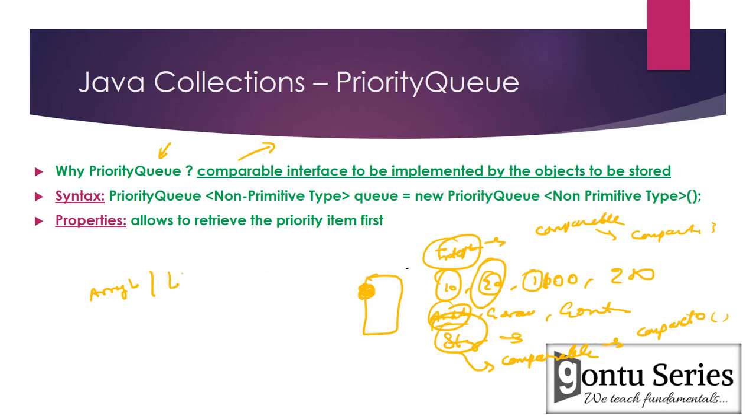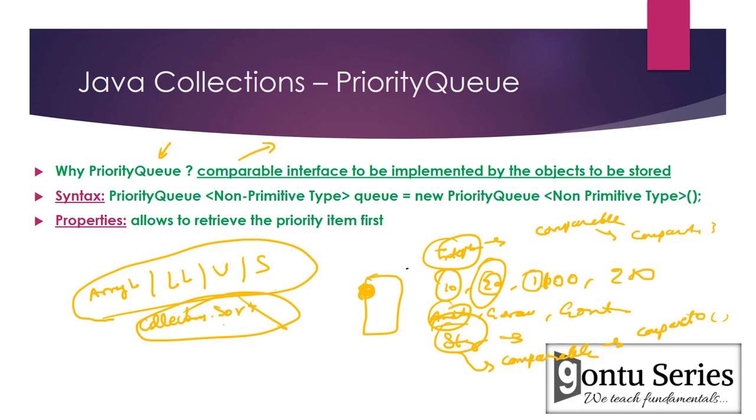in case of LinkedList, Vector or Stack, you use the Comparable or Comparator interface only and only when you make use of the Collections.sort method. If you're not going to use Collections.sort, then it's not mandatory for the objects you store here to implement Comparable, and there's no need to write comparators separately.